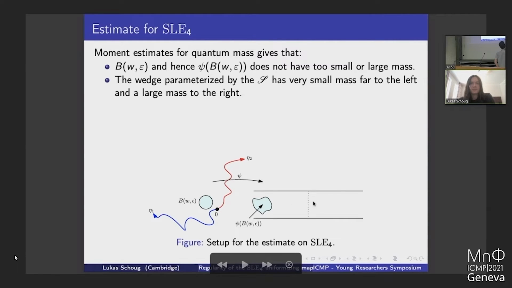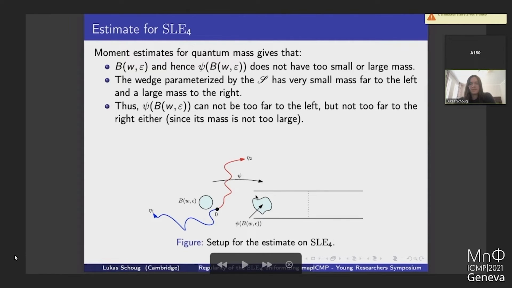We also know that the quantum wedge here, parameterized by the strip, has very small mass far to the left and quite large mass far to the right. So this means that the image cannot be too far to the left because it has too large mass to be far to the left, and it cannot be too far to the right because it has too small mass to be far to the right.